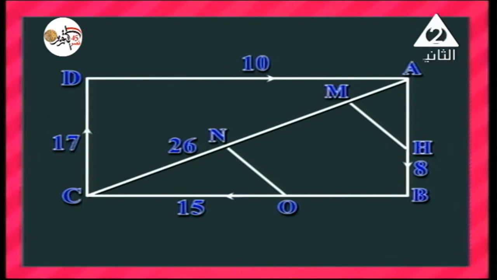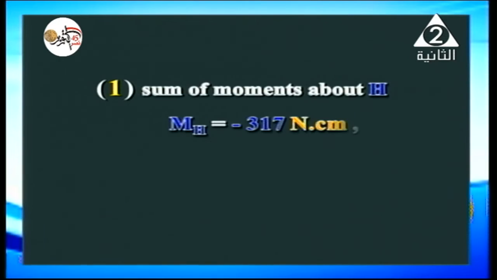We have 5 forces. Number 1, the sum of moments about H equals what? The moment about H equals negative 317 Newton centimeter, clockwise in direction.